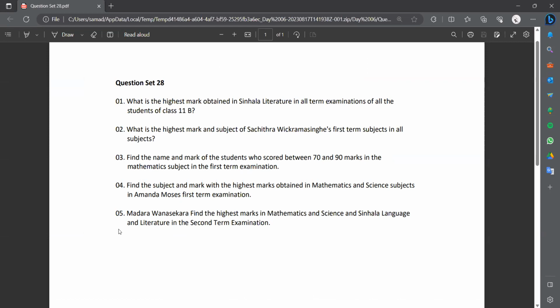Then the fifth question: Nadala, find the highest mark in mathematics and science and Sinhala language and literature in the second term. We find the maximum mark for those three subjects in the second term.